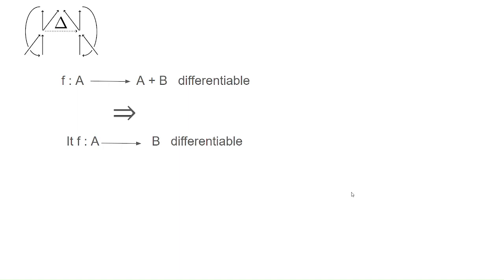So what we are basically doing is we start with a function from a space A to A plus B, we assume that it's differentiable, and then we consider the iteration of this function, and we can prove that it's differentiable, but this is actually a calculus exercise.